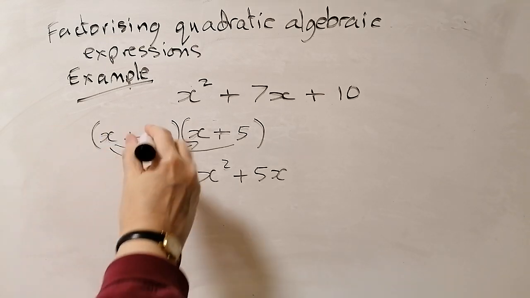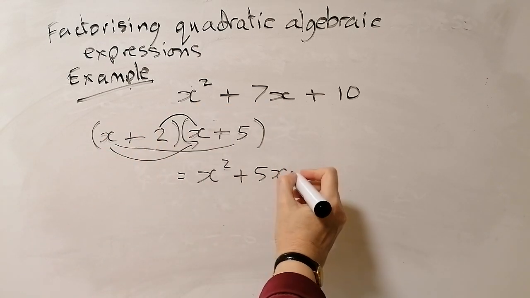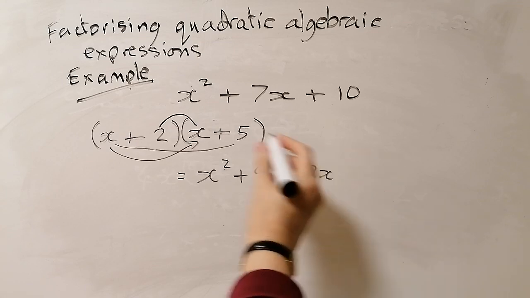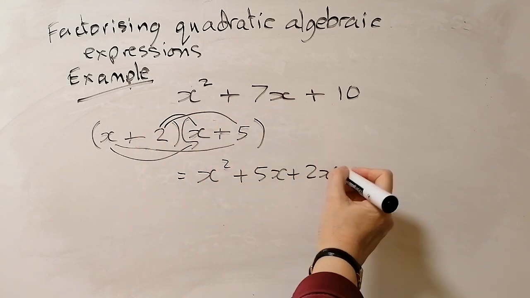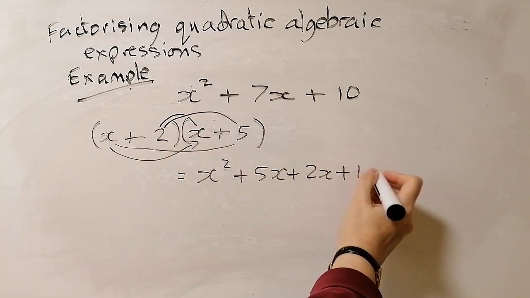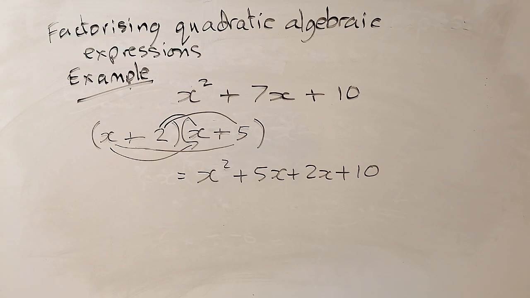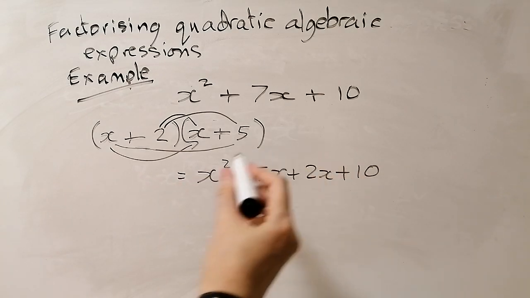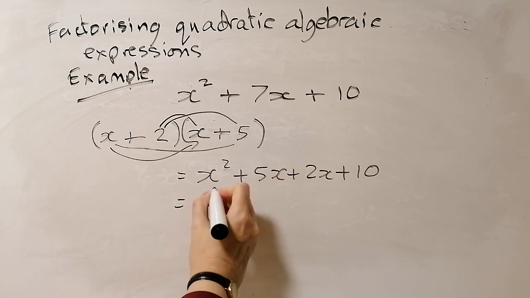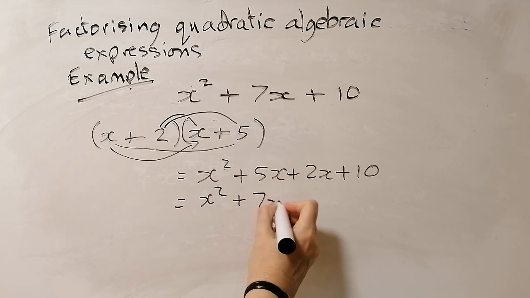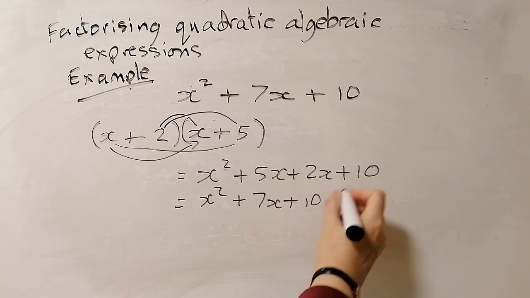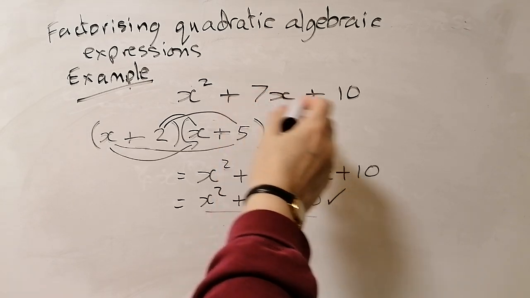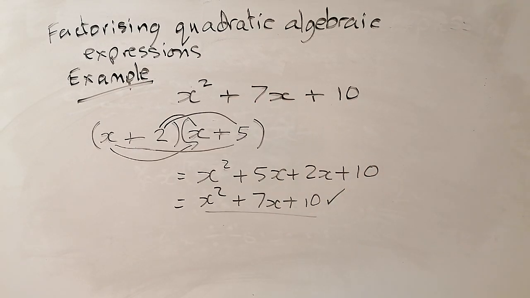And then we can multiply the 2 by the x, which gives us 2x, and the 2 by the 5, which gives us 10. Now we can see that we can collect the like terms here. So we can write down x squared plus 7x plus 10, and we've got back to our original expression.